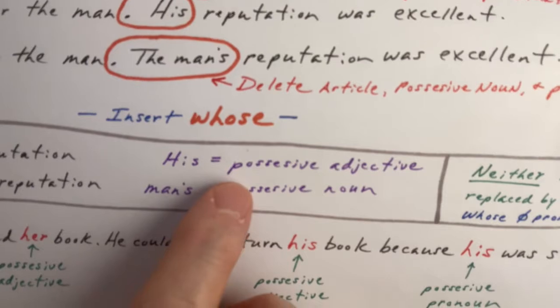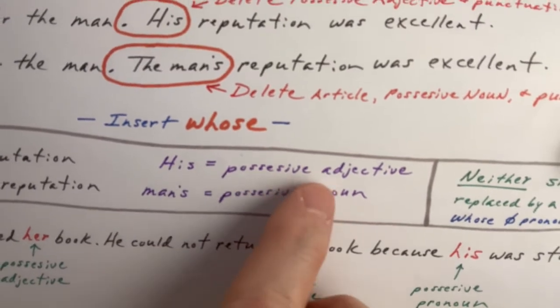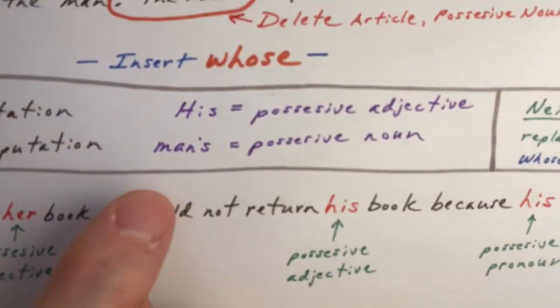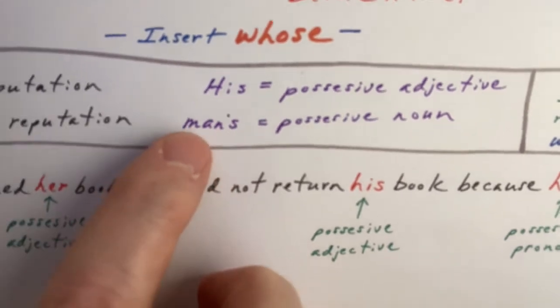Well, his is a possessive adjective, and the word man's, through inflection, is changed into a possessive noun. We have a possessive case, a possessive situation, which we didn't have before, and we would not have it with those other words.